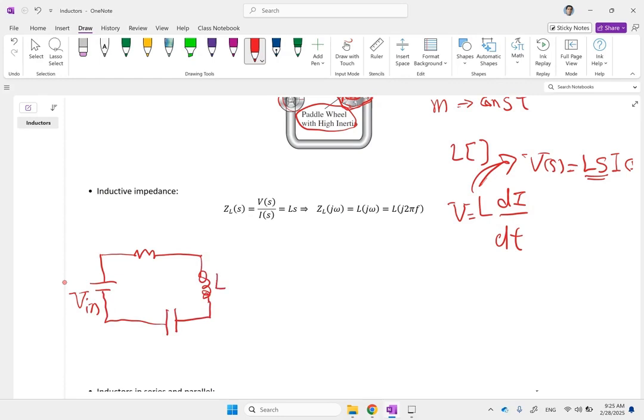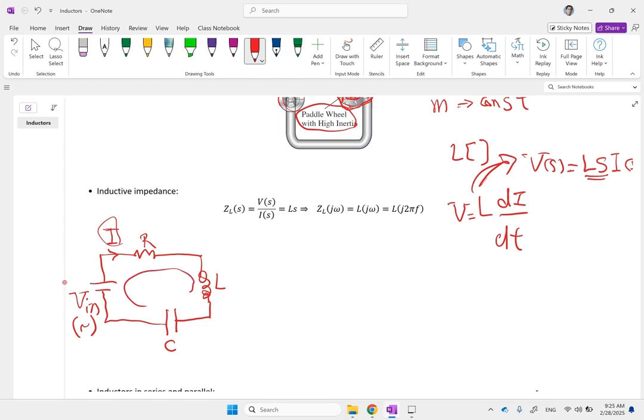So this is L, this is R, this is C, the current is called I, and this V in is a variable voltage. And your output could be anything. So if I want to find the current, you can get your output from C, R, or L. If I want to find the differential equation governing this circuit, what do I do?